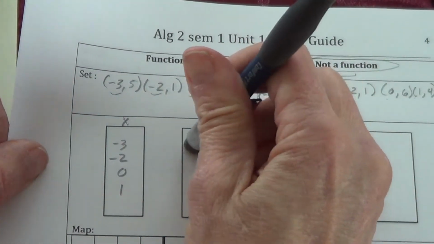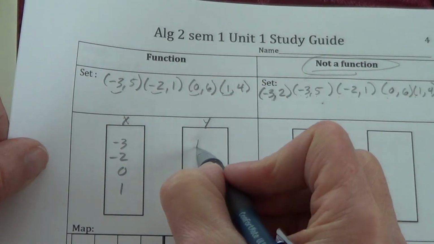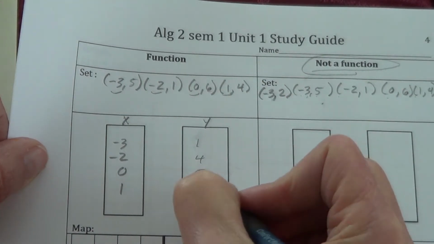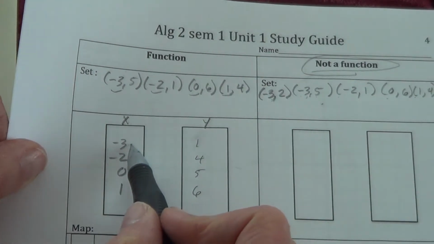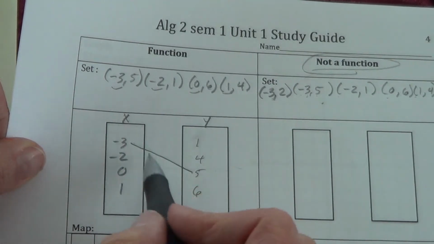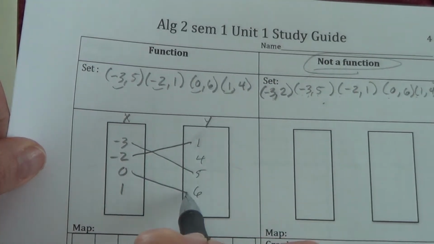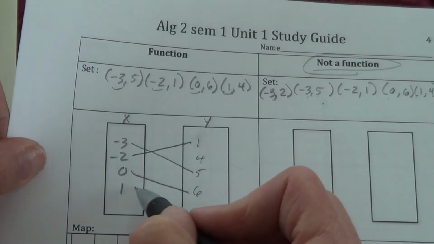Whoops, I'm sorry, we should list these in order as well, which would be 1, 4, 5, 6. Now, -3 is matched with 5. This is called mapping. -2 is matched with 1. 0 is matched with 6. And 1 is matched with 4.